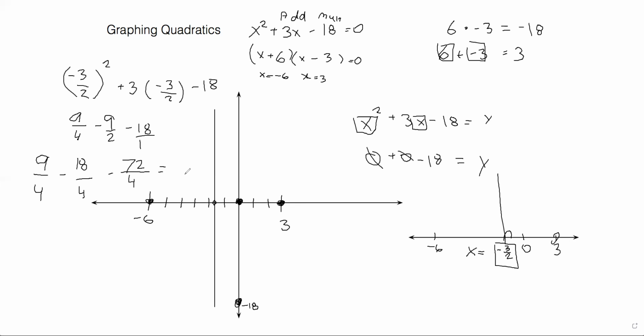So let's find the common denominator and then simplify the numerator. We have a common denominator of 4. We're going to do 9 minus 18 minus 72. So 9 minus 18 is negative 9. Then negative 9 minus 72 is going to be negative 81. So we have negative 81 over 4, which I'm going to use a calculator for. That gets us about negative 20 1/4.